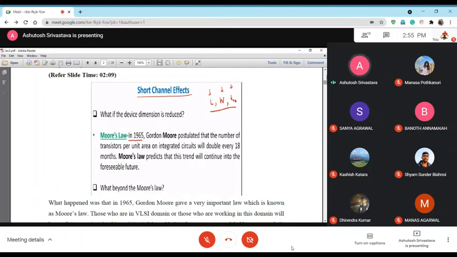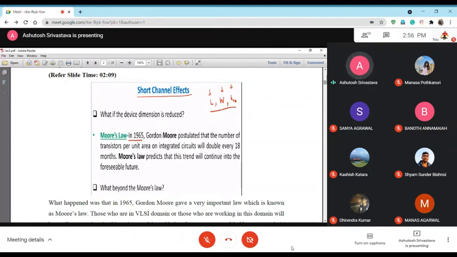So this is just a postulate. This is not some kind of a law. This is an unwritten drive which industry, research institutes and academia across the globe are focusing upon, and they continue to surge forward with this in mind.